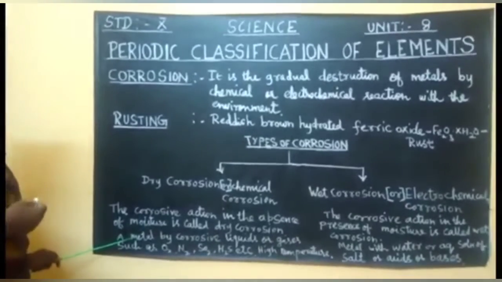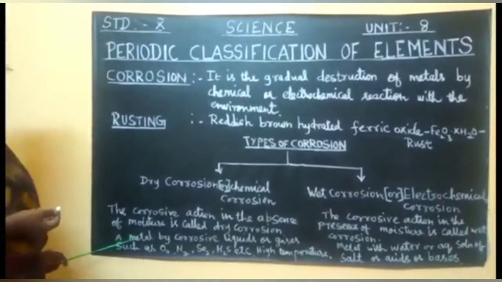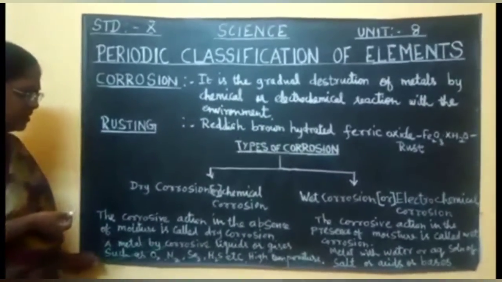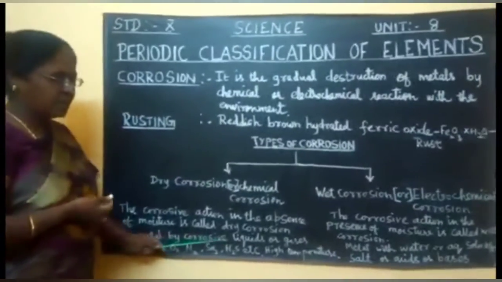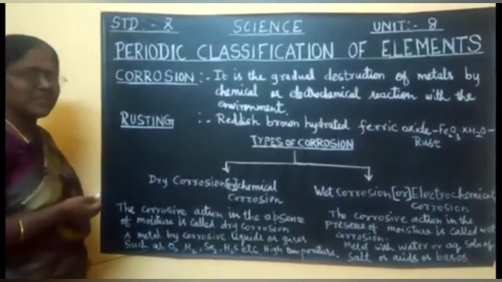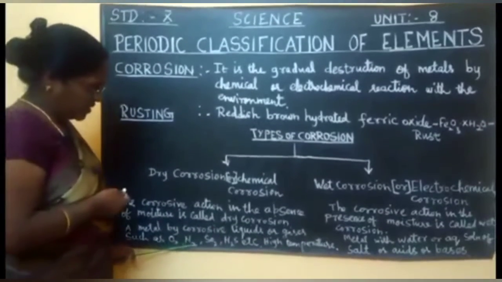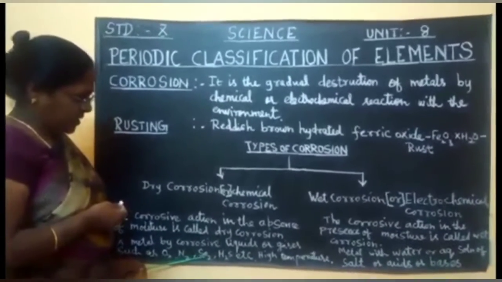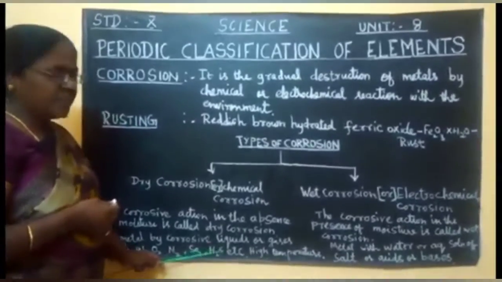Here the chemical reaction takes place between the metal and corrosive liquids or gases, such as oxygen, nitrogen, sulfur dioxide, hydrogen sulfide.